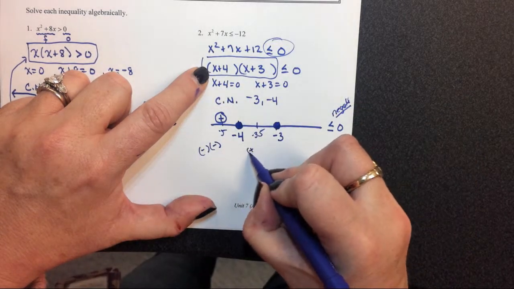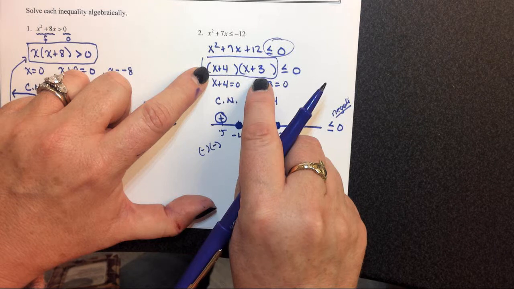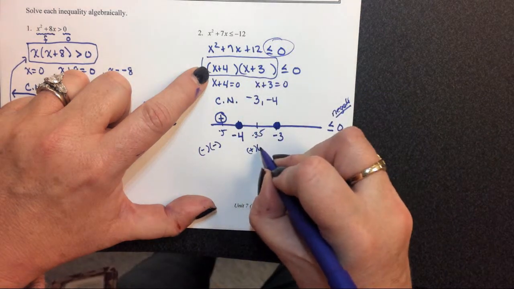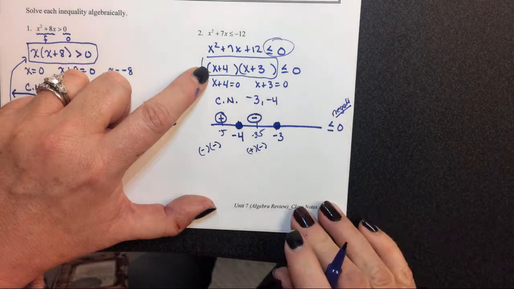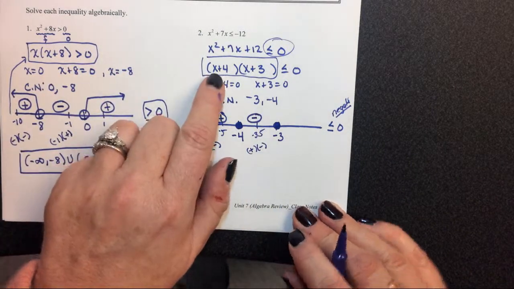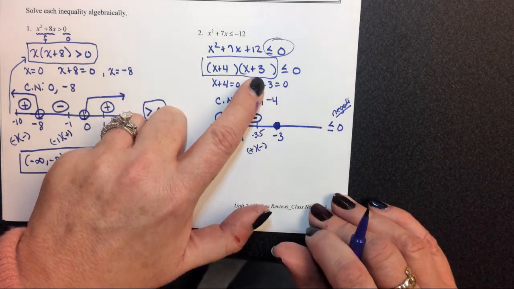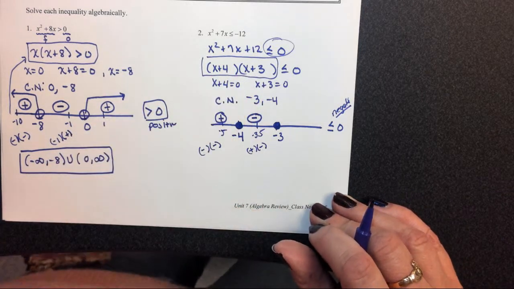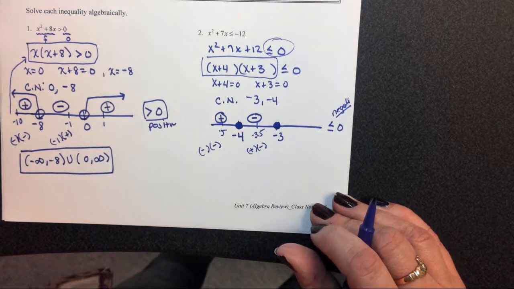Positive. Negative 3.5 plus 3, would that be positive or negative? Negative. So a positive times a negative would give me a negative. Again, I don't care about what the number is.